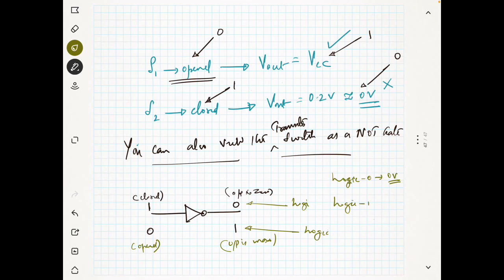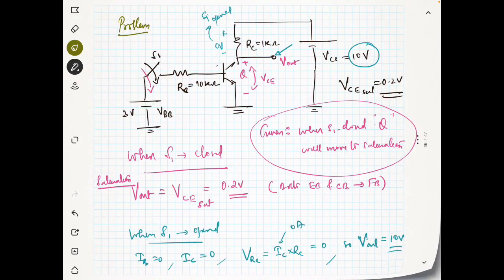There is also another logic, negative logic, that we are not going to discuss now. Logic 1 usually means VCC or some voltage. So this circuit is also a NOT gate. You can use it as a NOT gate, but it is not a good NOT gate. There are advanced circuits available. I hope this is clear to you.